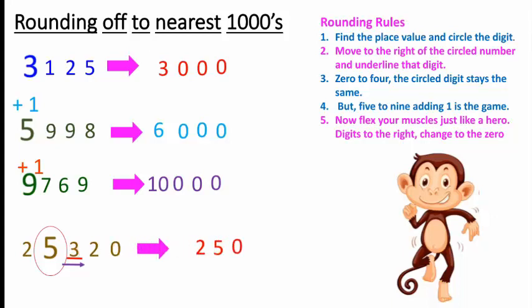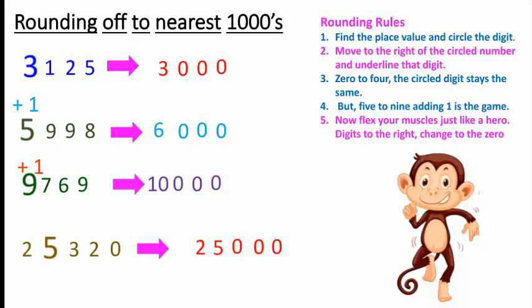So 3 became 0, 2 also became 0, and the 0 will also be written as 0. Understood? So what have we got? We have got 25,000. While rounding off 25,320 up to the thousands place, we have got the answer as 25,000 only.